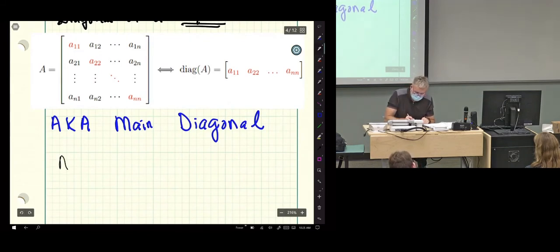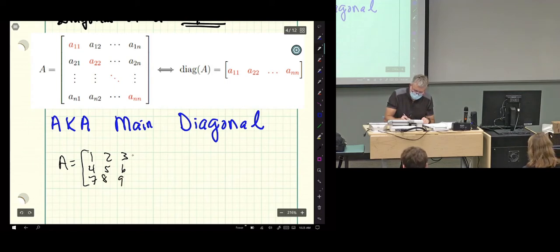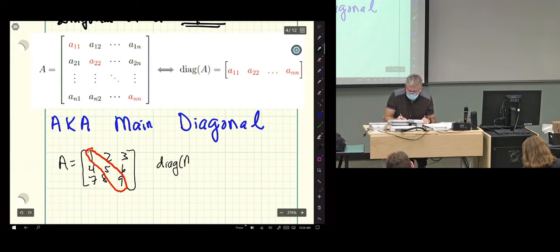And so if we have A equals 1, 2, 3, 4, 5, 6, 7, 8, 9, just so I didn't have to think very hard in making up some numbers. There's the diagonal, okay, so diagonal of A equals 1, 5, 9.